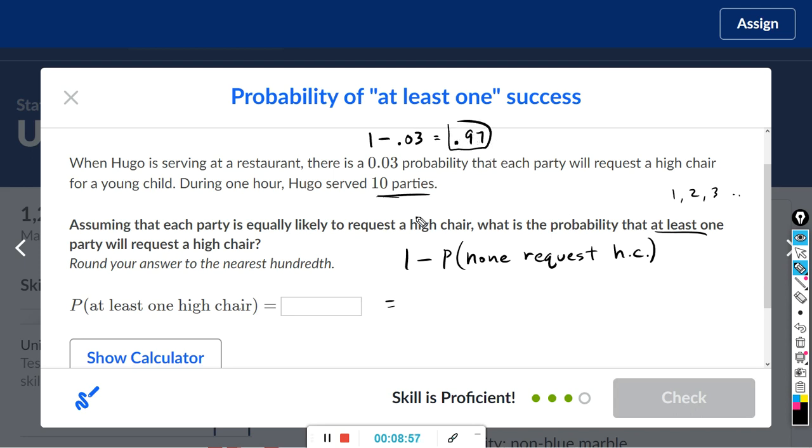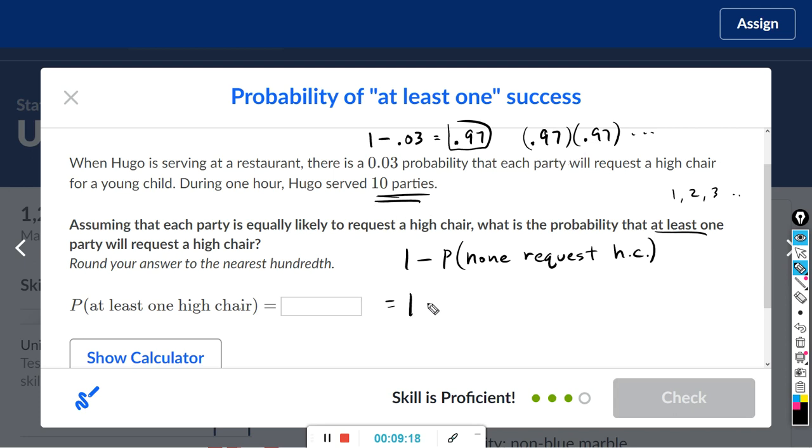All right. And there's 10 parties. So for the first party that doesn't select a high chair, 0.97. For the second party that doesn't select a high chair, 0.97. And it keeps going and going. And there's 10 parties. So 0.97 is multiplied 10 times.